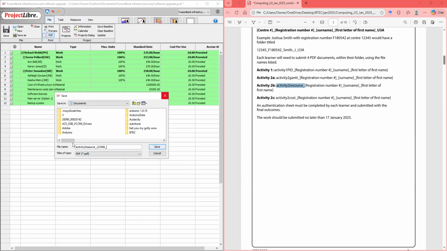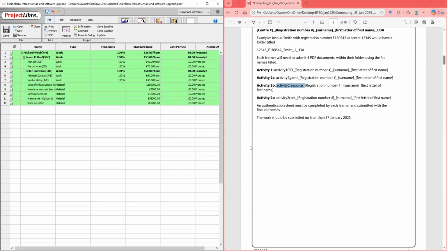And Web is the surname, underscore M. You need to save it as that. Good. So we've saved the resource, we've saved the cost.